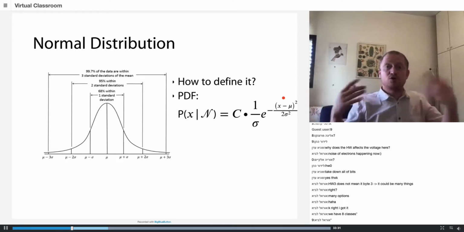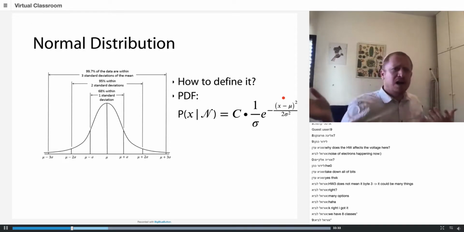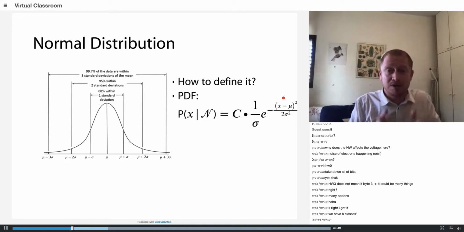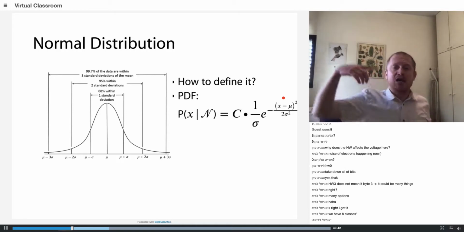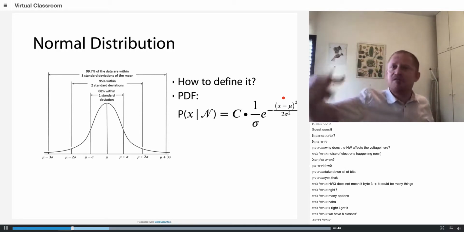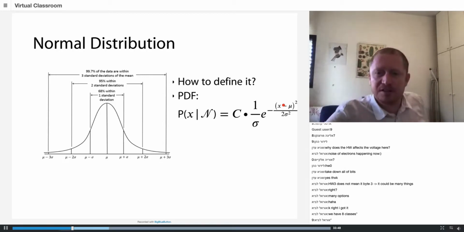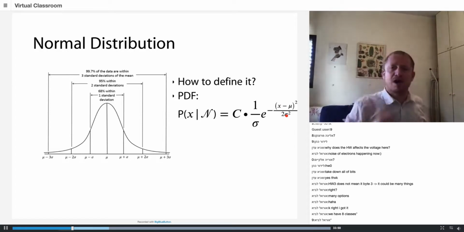So I am going to do profiling. I have a million traces I can use for profiling, and I take these traces. I find all the traces with Hamming weight 3, and I run them through. I take an average of them, and I find that at this interesting point, this is the average voltage for Hamming weight 3.